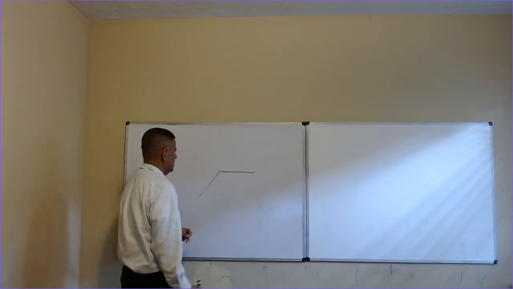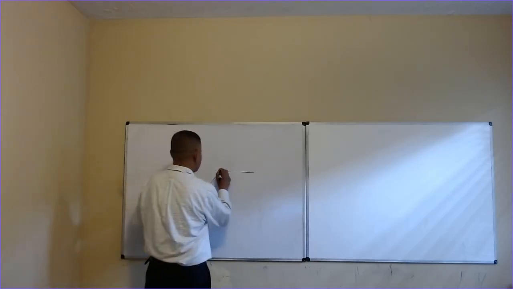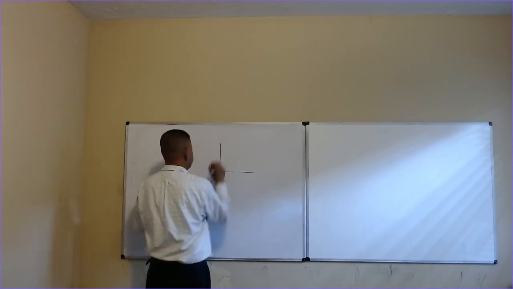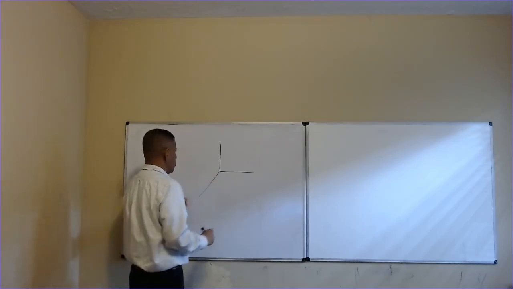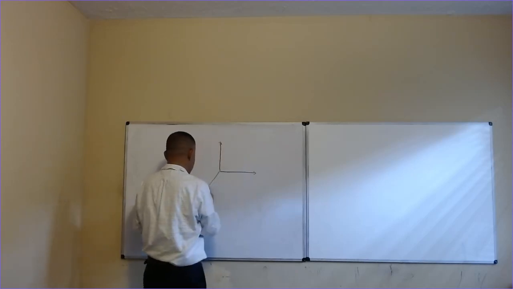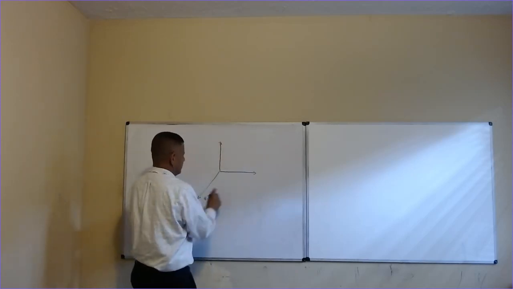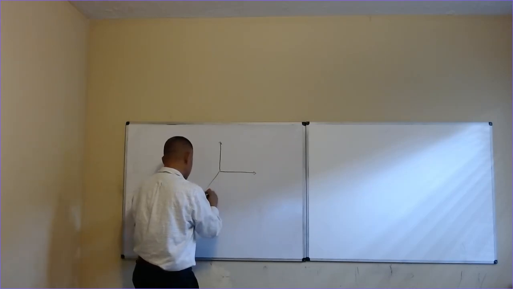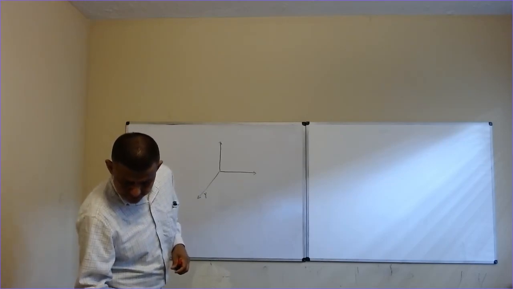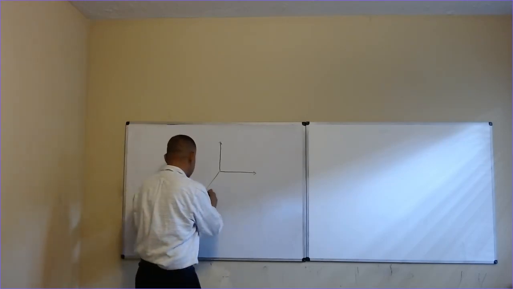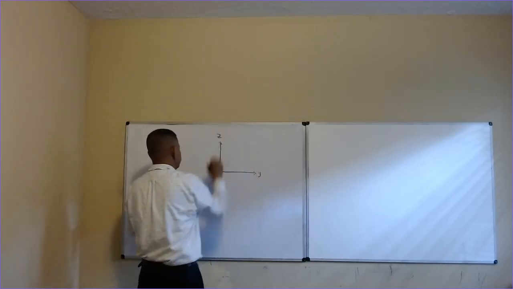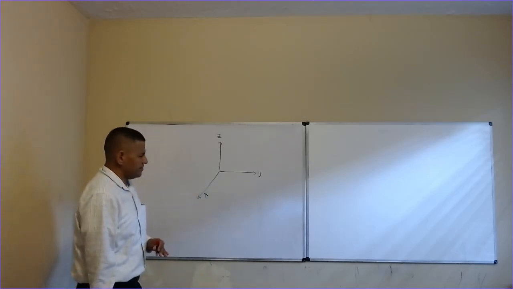This is up, so we have x, then y, and then z. I have to get the order right. This is x, this should be y, and this should be z. So x, y, z.